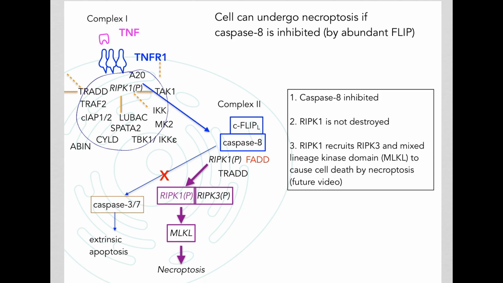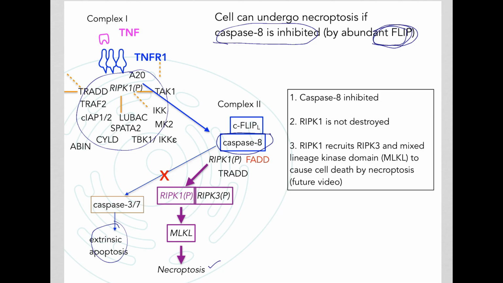Here we have the apoptosis. What about necroptosis? Well, the cell can undergo necroptosis if caspase 8 is inhibited, for example, by FLIP. So you can see viruses that produce a lot of FLIP can stop the cell from undergoing apoptosis.